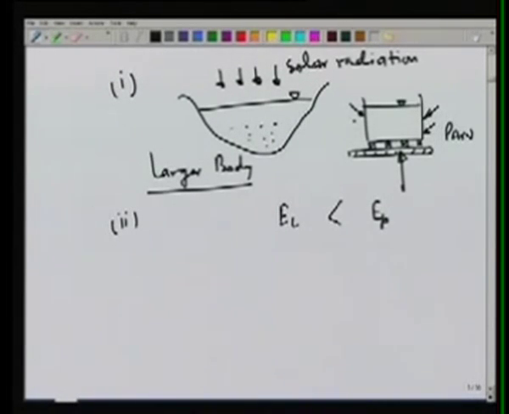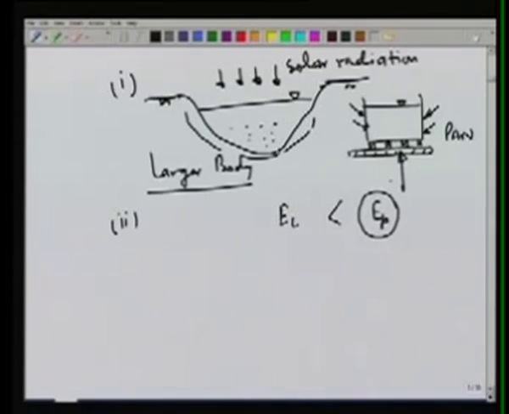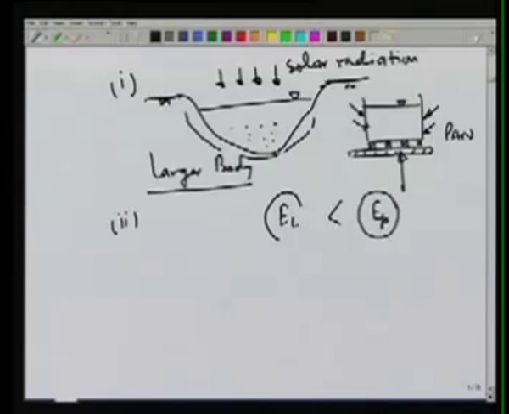So there is some solar radiation occurring from the sides and also from the bottom, while in a lake, ground surface is here, in the lake from the sides and the bottom there is hardly any solar radiation coming in. Most of the radiation is coming from the surface. Therefore, again, since more radiation is available in the pan, more heat energy will be available. EP will again be greater than EL.